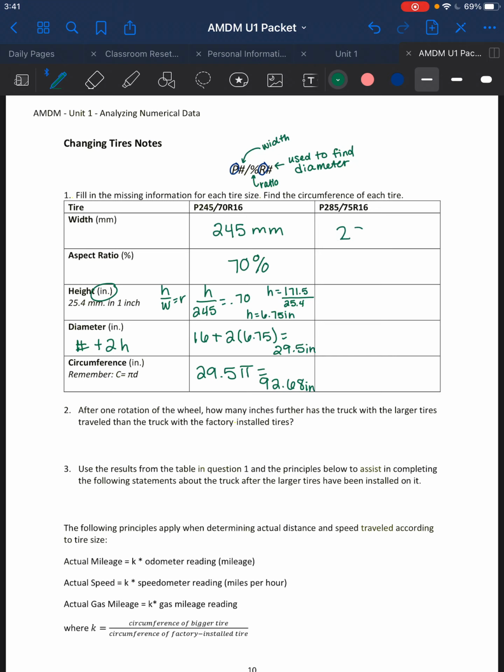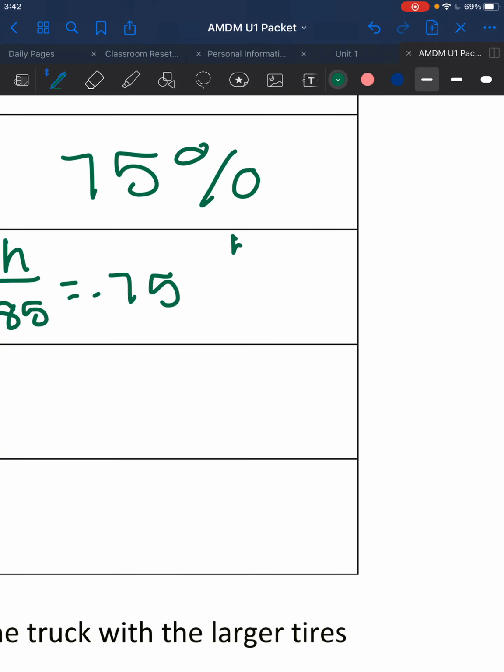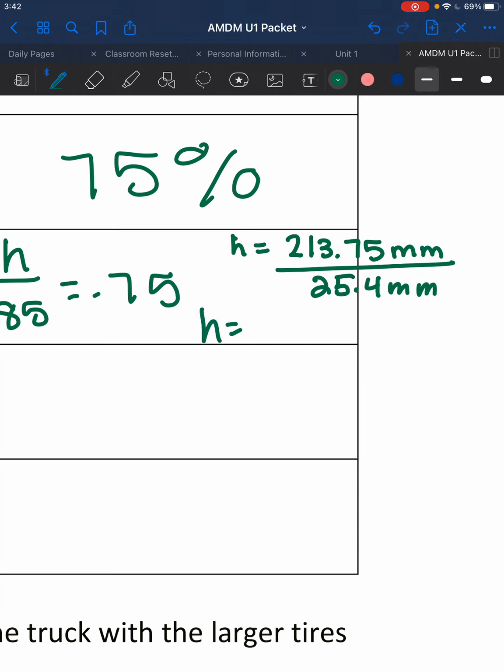My other tire, I have 285 millimeters. I have 75% as my ratio. My height I have to find, so height over 285 equals 0.75. Let's zoom this in. Height is equal to 213.75 millimeters, divided by 25.4 to get my height in inches to be 8.42 inches.